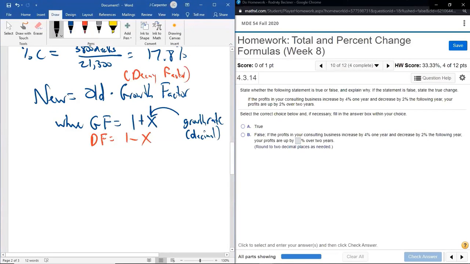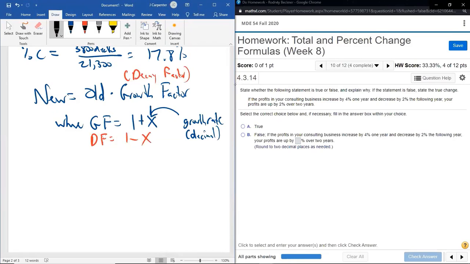So here's what we're doing. We've got 2 years worth of information here, so we can't just crank out the answer instantly. We have to process the first year to get to the second year. So the first year we gained 4% profits. Now, how much money did we have? It never actually says anywhere.